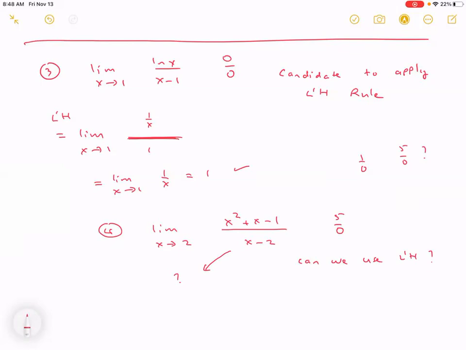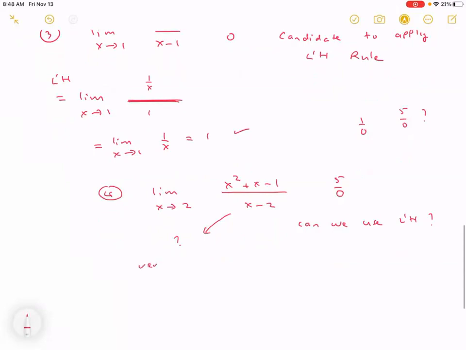Can you see this? There is a vertical asymptote at x equals 2.